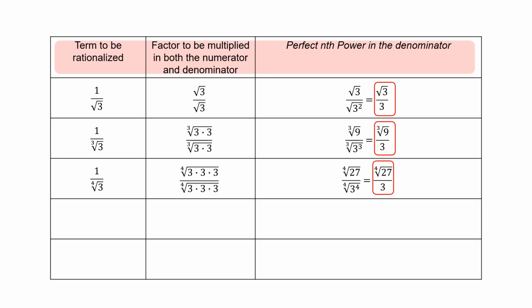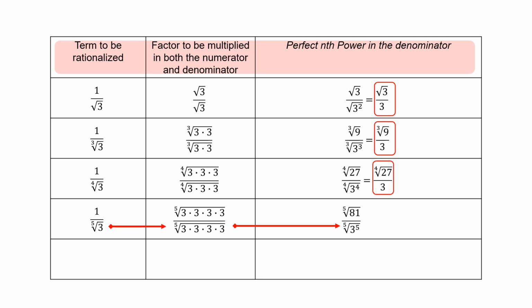Isa pang example, we have 1 all over the 5th root of 3. Tulad ng ginawa natin kanina, i-multiply lang. Sa numerator, 1 times the 5th root of 3 times 3 times 3 times 3, which is equal to the 5th root of 81.